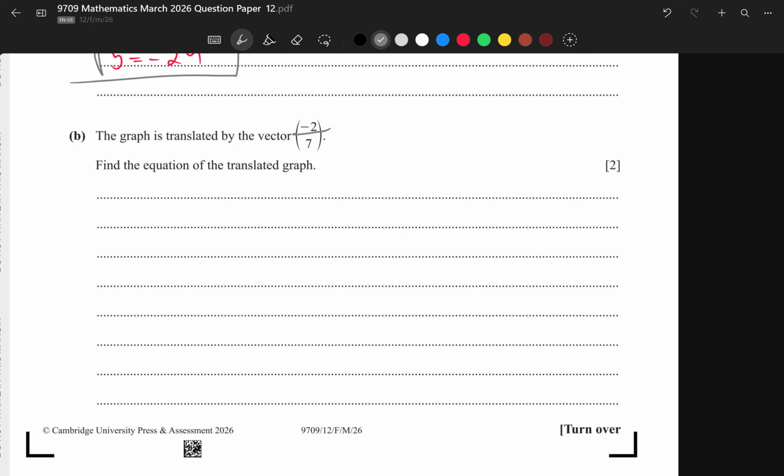So this minus 2 means the graph is shifted towards the left, which means x plus 2, and the 7 means that the graph is translated upward, so in y we add 7, so y plus 7. Now we know the equation is y is equal to 4x squared minus 24x plus 31.